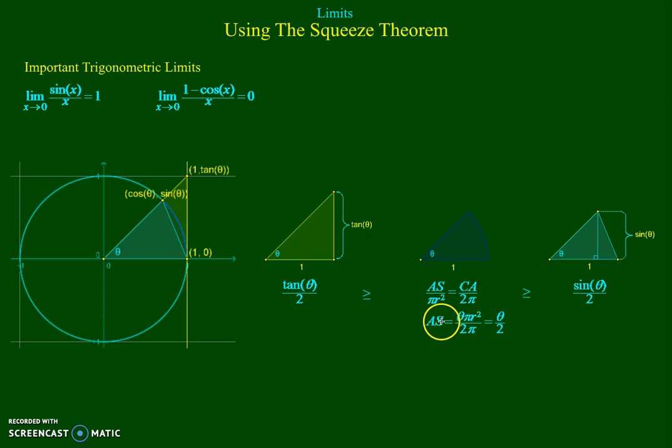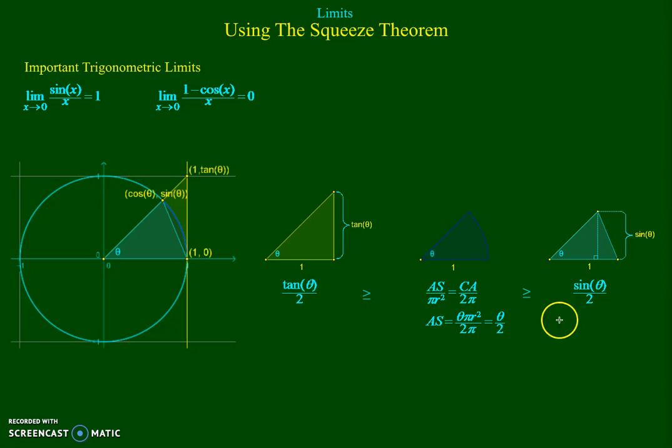And if we simplify this out, the area of the sector becomes theta over 2. And of course, because this is greater than or equal to this, we have this first instance of our bounding functions. And the third, the smallest triangle, is 1/2 base times height. Well, this height is this sine value here, sine theta. So 1/2 times 1 is 1/2, times sine theta is sine theta over 2.